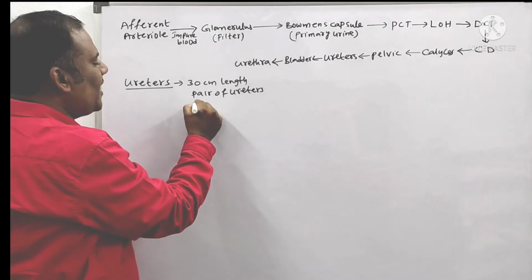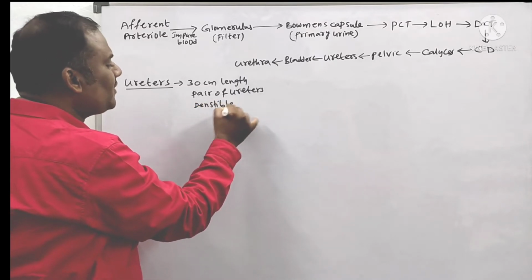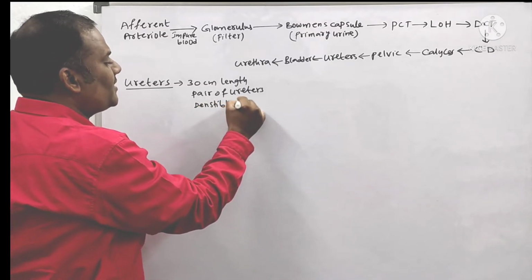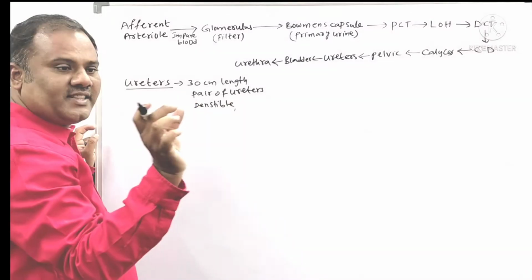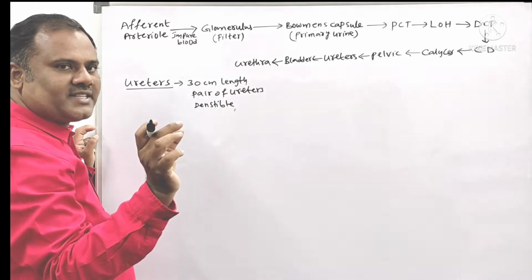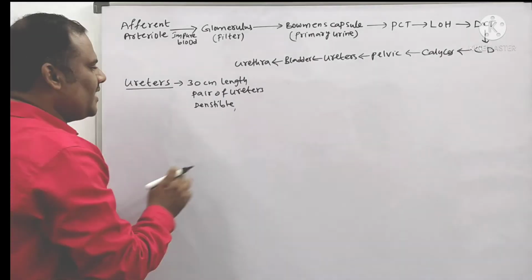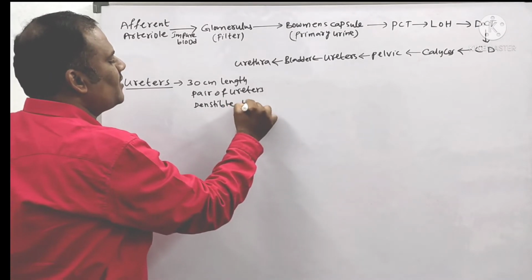These ureters are distendable. Distendable means they extend when the urine flow is going on, and when the urine flow is less, the size decreases. Distendable tubes.